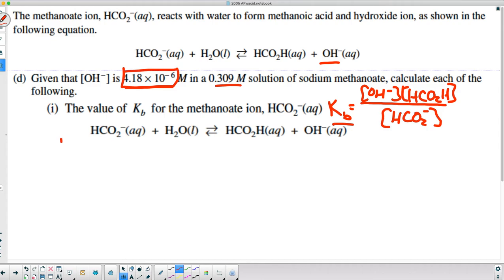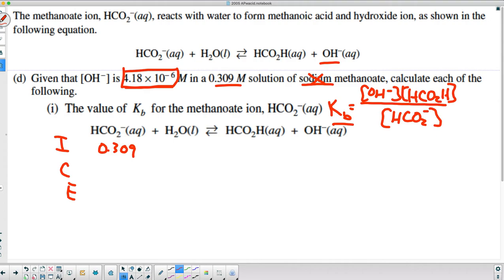So let's find out. I have I, C, and E: initial, change, and equilibrium. We know the initial is 0.309 to start, of sodium methanoate. The sodium part is again a spectator ion, so it doesn't show up anywhere, so don't be confused by that.